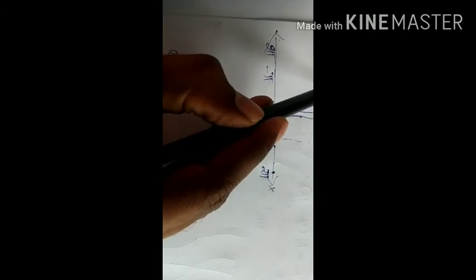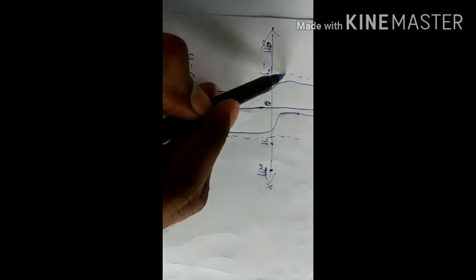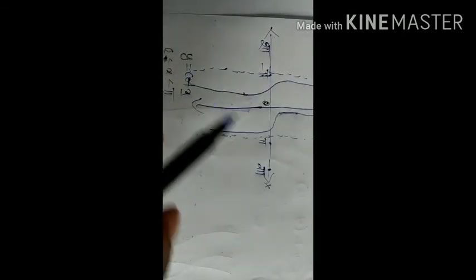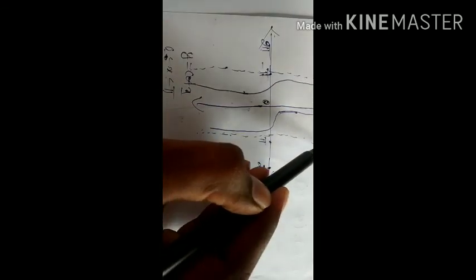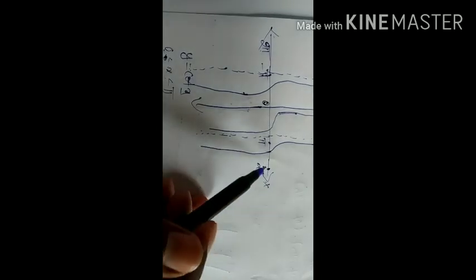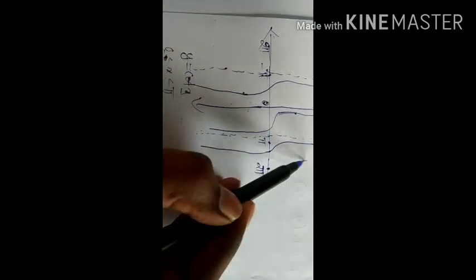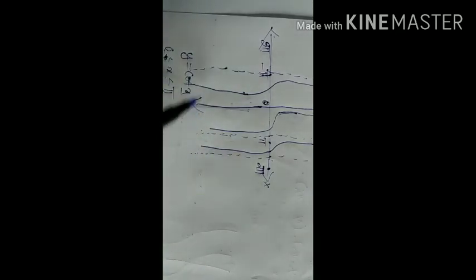So in this way you can get the graph. Another one you can draw like this. This is just a rough diagram. If you take the proper values, you will get the diagram in the right way.